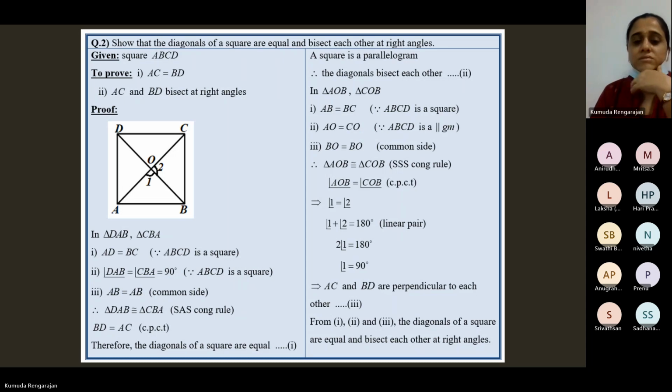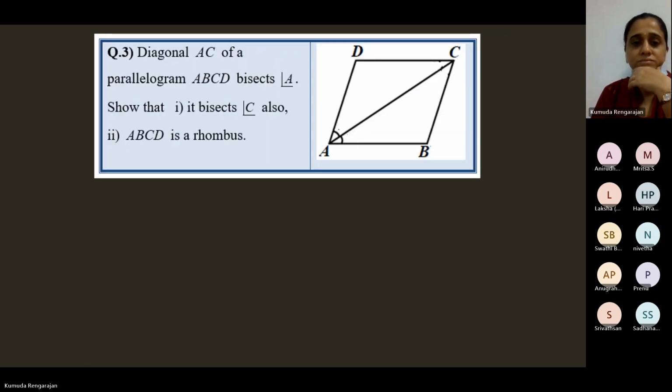Okay. This also we saw in the last class, but we'll see it again. Now here it is. Diagonal AC of a parallelogram ABCD bisects angle A. So what is ABCD? Parallelogram.